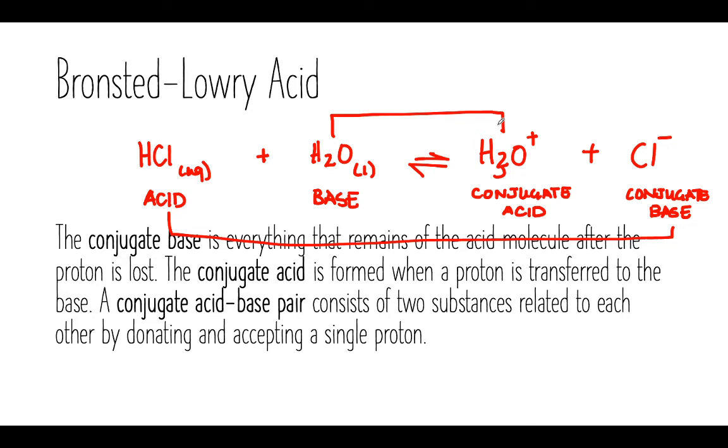And I would just like you to think about this in this process so that you can clearly identify which is which. The only difference between the acid and the conjugate base is a proton, right? The only difference between a base and the conjugate acid is a proton. So using that, you can identify those conjugate acid-base pairs.